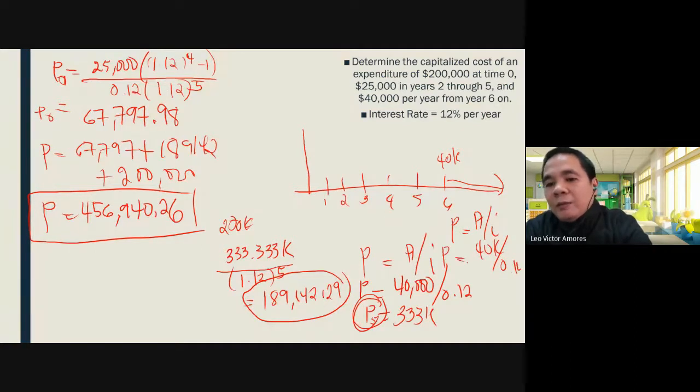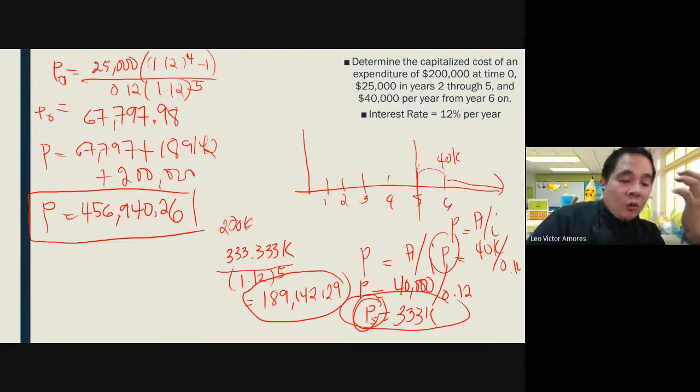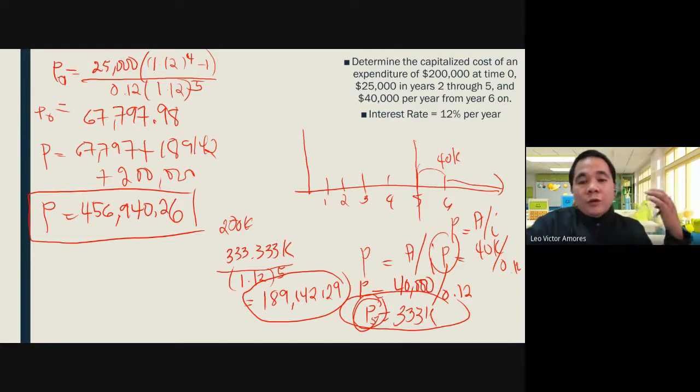The P that you get is the value at year 5, the previous year. So the P is equal to 333. Now, what you are looking for is the value of all your investments at year 0.